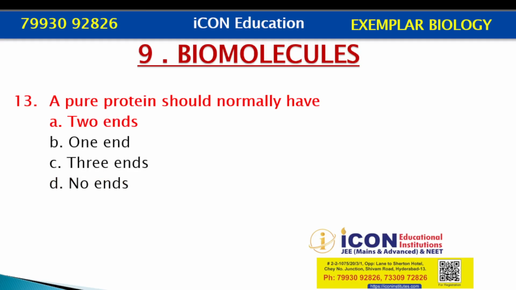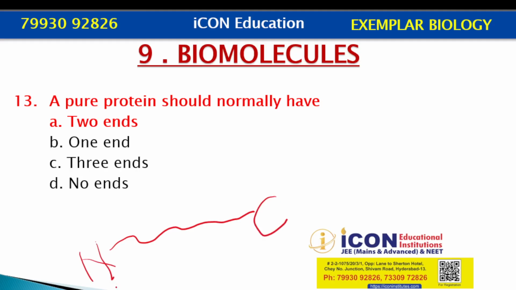Question number 13. A pure protein should normally have how many ends? We know that the protein will have 2 ends, called the N-terminal and C-terminal.